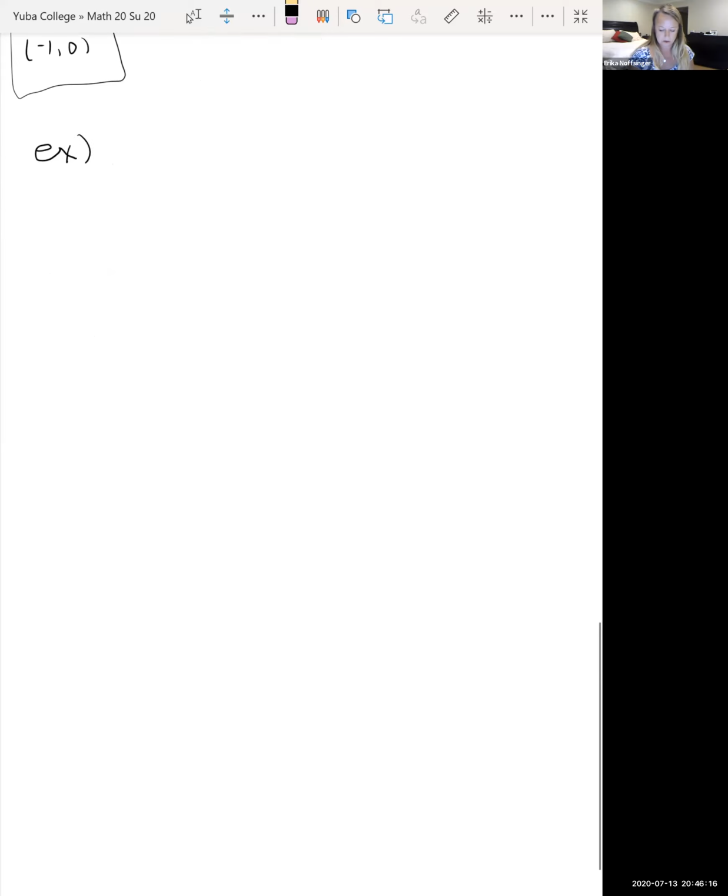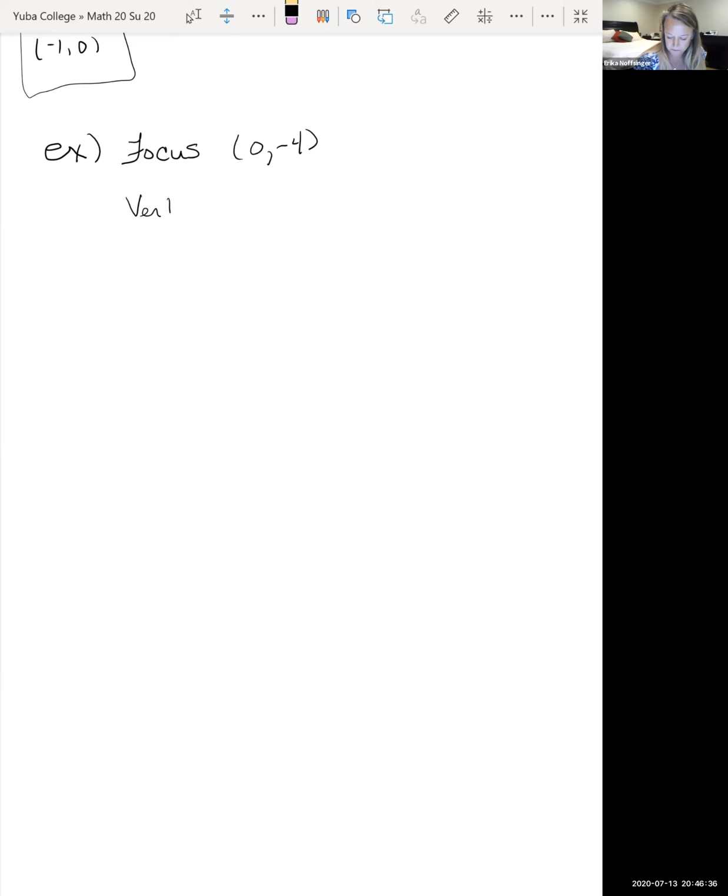Okay, so find the equation for the ellipse. So if you are given that you have a focus at 0, -4, and vertices at 0 plus or minus 8.